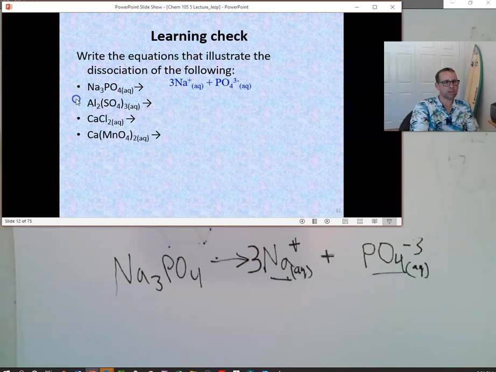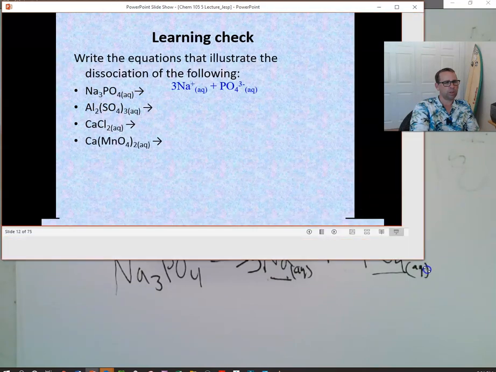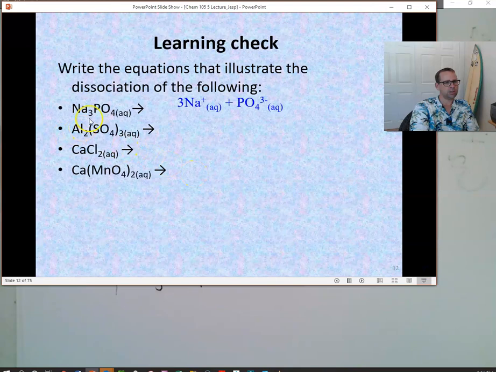What's the name of that next compound there? Al is element 13. Aluminum sulfate. Aluminum sulfate.